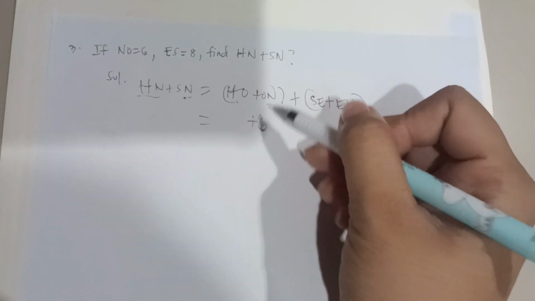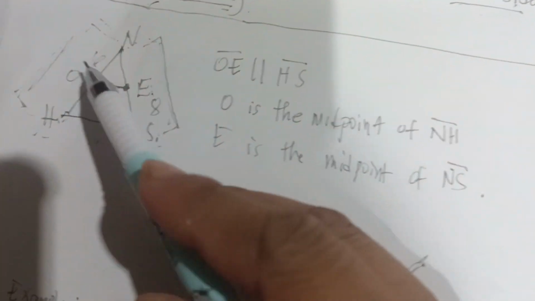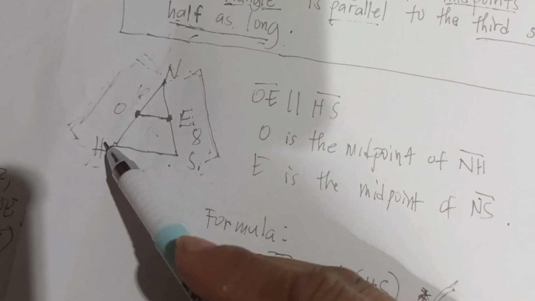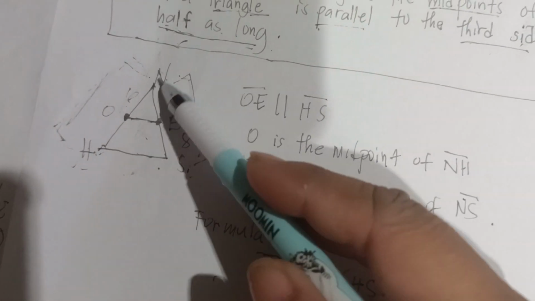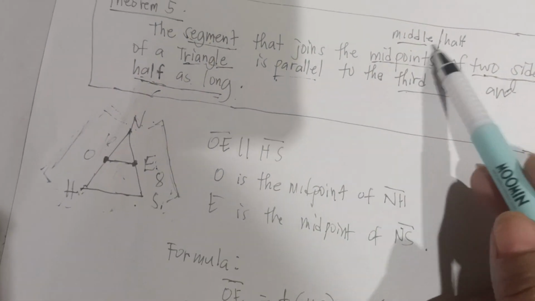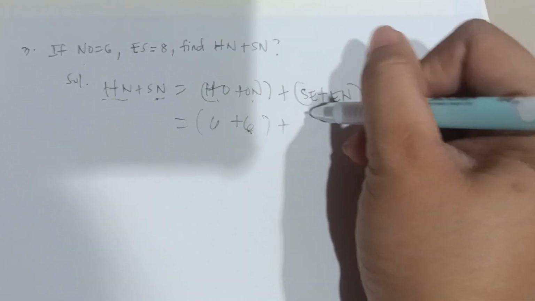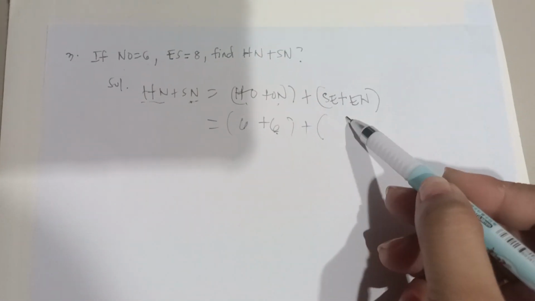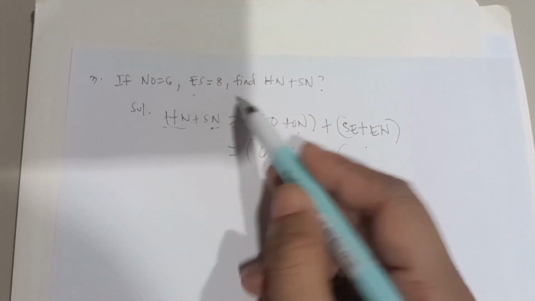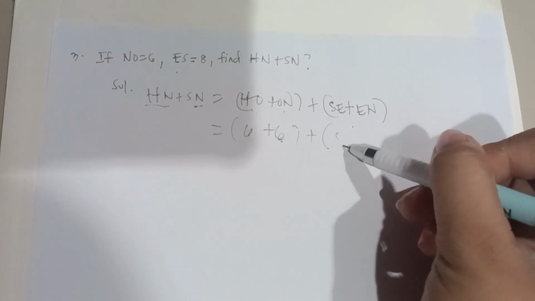And we all know that if this is 6, then OH is also 6, because O is the midpoint, so they are just halves. Plus, the given here is ES, which is SE, which is 8.